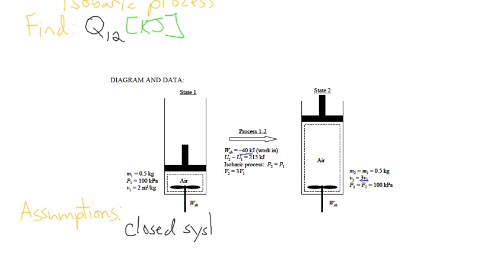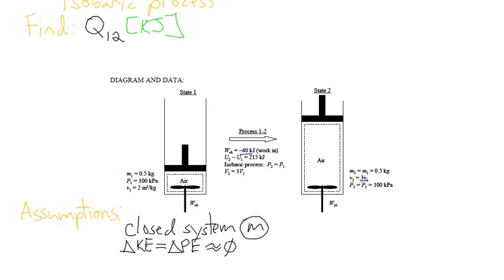Another way you can abbreviate saying that it's a closed system is you can just put the mass, circle it, saying that the mass is constant. They've told us we're going to neglect potential and kinetic energy changes. So the way we write that is we say the change in kinetic energy and the change in potential energy are both negligible or close to 0.